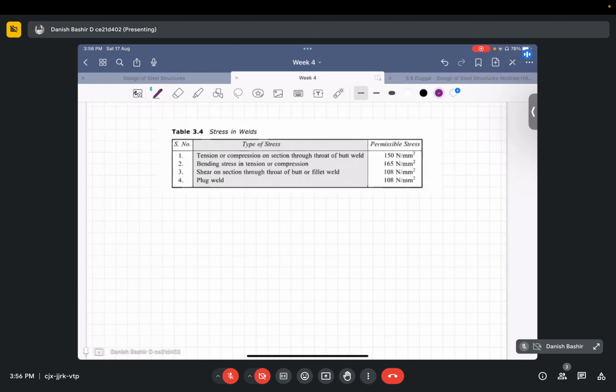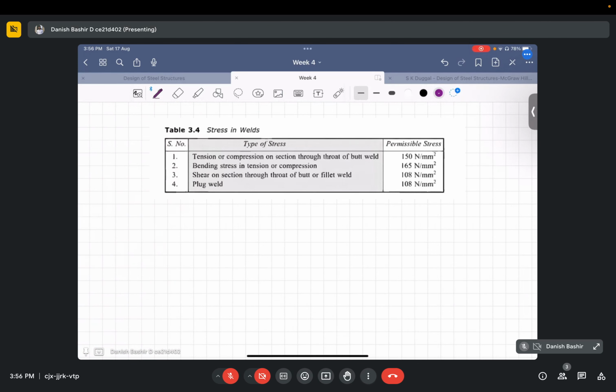Then we have stresses in the welds. What are the permissible stresses? The first is tension or compression on the section through the throat of the butt weld, which is 150 Newton per mm square. Bending stress in either tension or compression: the permissible stress given by the code is 165 megapascal.